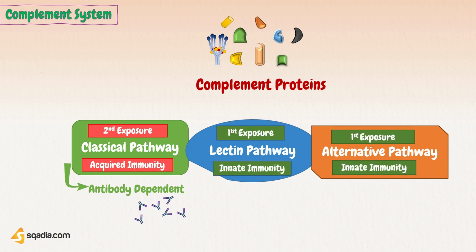Lectin and alternative pathways are part of the innate system as they can be activated upon first exposure to a pathogen. All three pathways follow the same pattern once the C3 protein is activated. In other words, the pathways differ from one another in their initial activation step, while the rest of the pathway is the same.